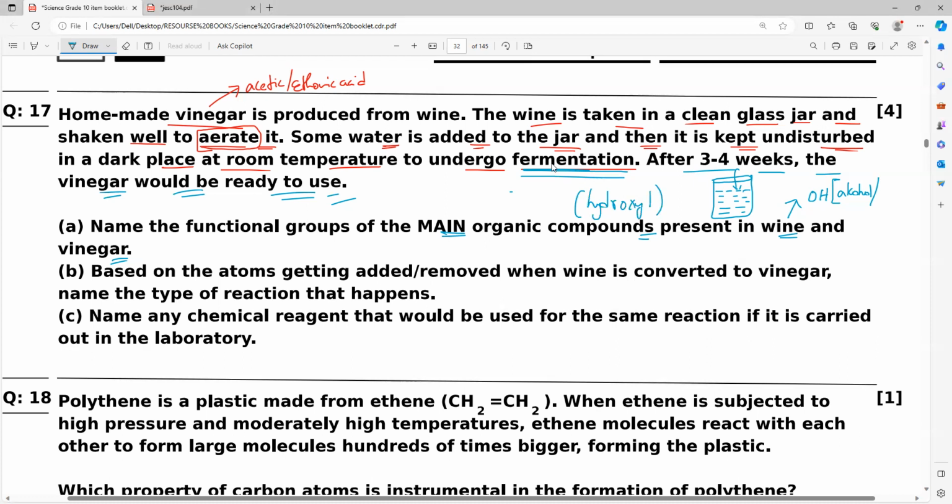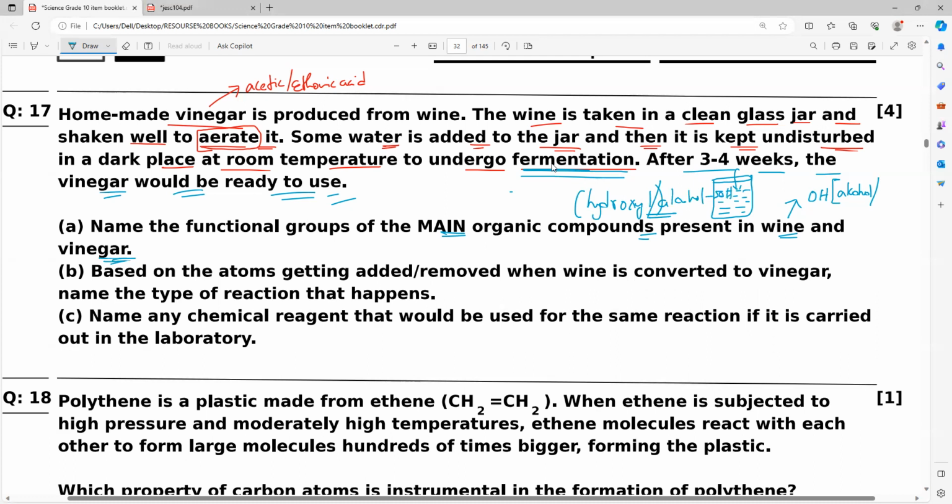Have you written it? Yes, sir. Because in the answer key, hydroxyl will also be given. That is the reason I am saying hydroxyl or alcohol. So that is OH.